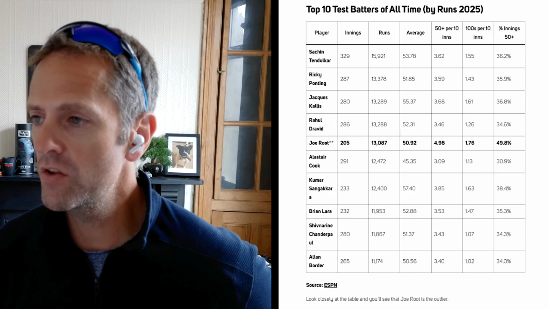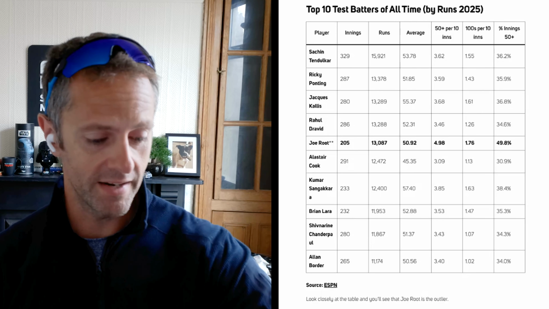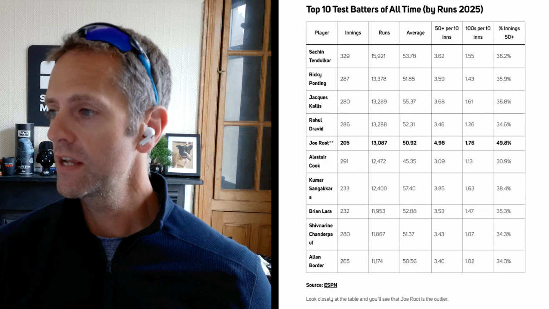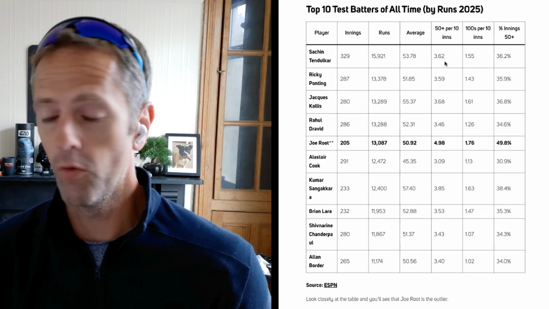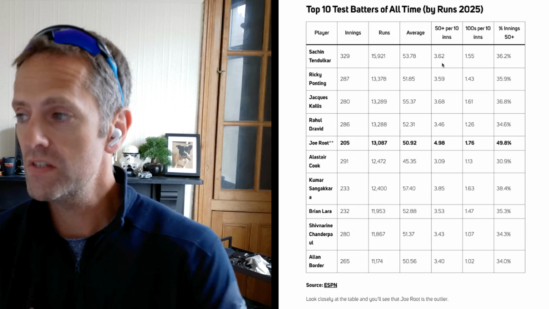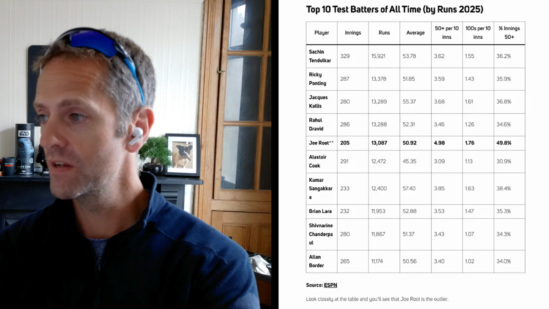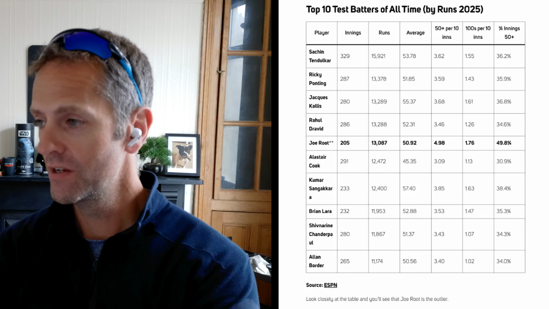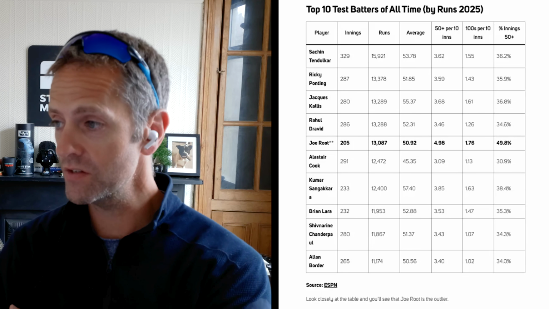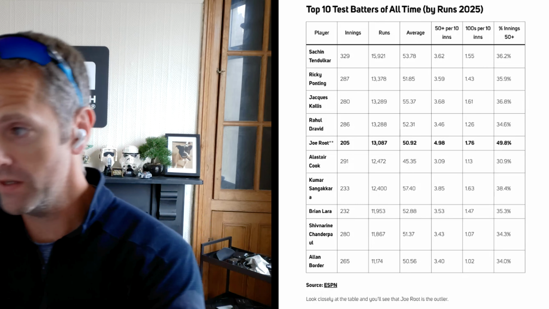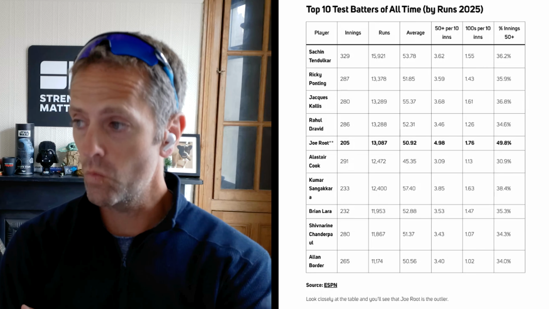Because you tend to remember all his good innings, you forget about the bad innings. When you look at this, he only scores a 50 or more every 3.62 innings per 10 innings. That's 3 to 4 times every 10 times he goes and bats, because 50 plus constitutes success. And from those 50 plus, he makes 1.55 centuries every 10 innings.